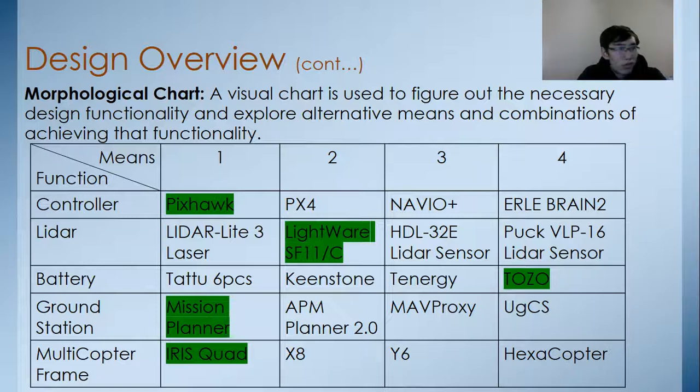And for the multicopter frame, we have IRIS, Quad X8, Y6, and Hexcopter. Considering the cost and our need, we finally chose the Pixhawk for the controller, Lightware SF11/C for the LiDAR, the TO0 for the battery, the Mission Planner for the ground station, and the IRIS quad for the multicopter frame.